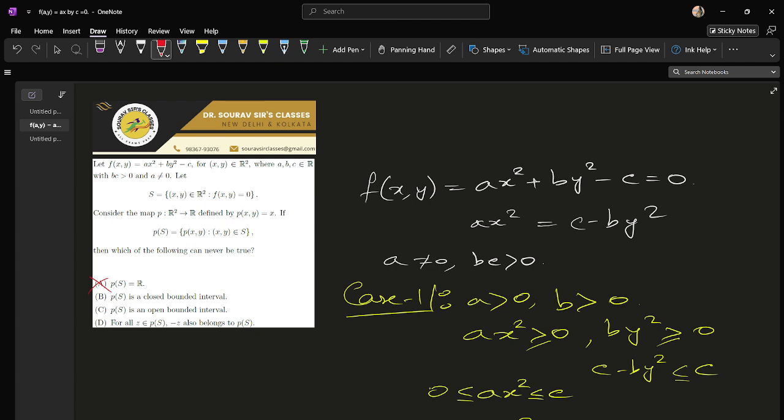Option D can be true if a equals b and c is a square, in which case PS is symmetric around 0, and that is not happening here. So option A is true. That means PS cannot be R. That cannot be whole R.